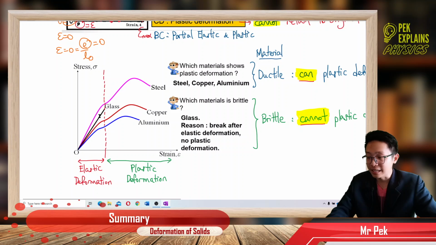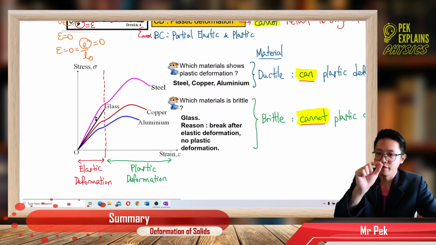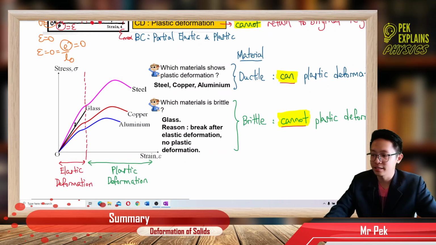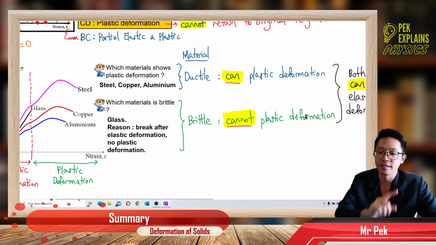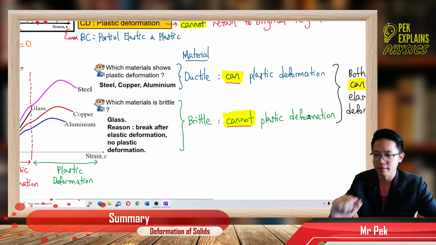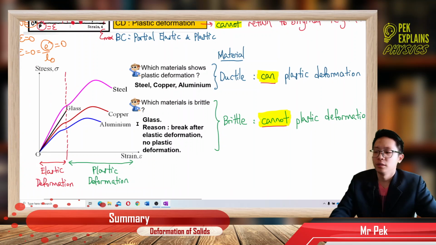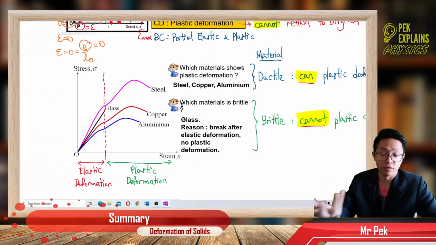So glass can have a small amount of elastic deformation, but it has no plastic deformation. That's the point. Glass, a brittle material, cannot undergo plastic deformation, it is impossible to elongate.